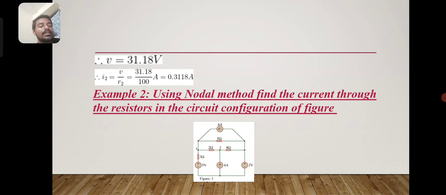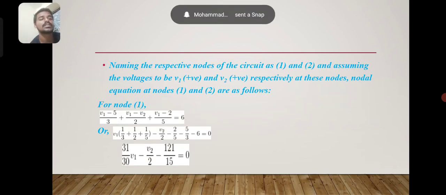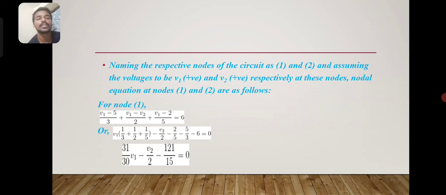Naming the respective nodes of the circuit as 1 and 2, we assume the voltages to be V1 positive and V2 positive respectively at these nodes.